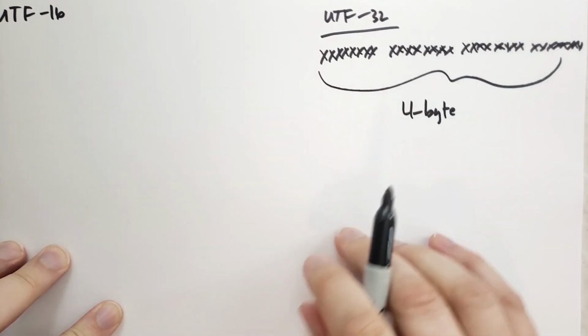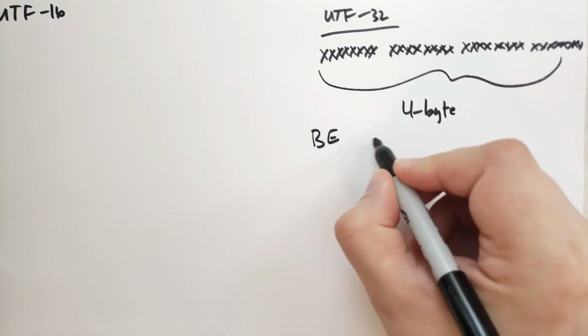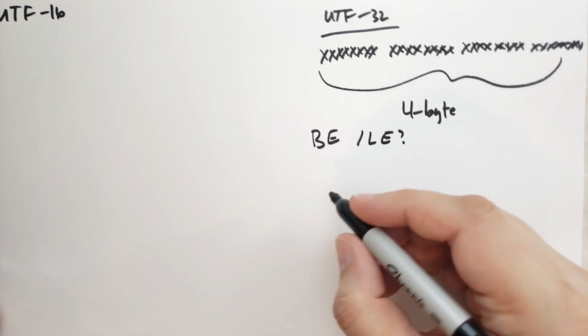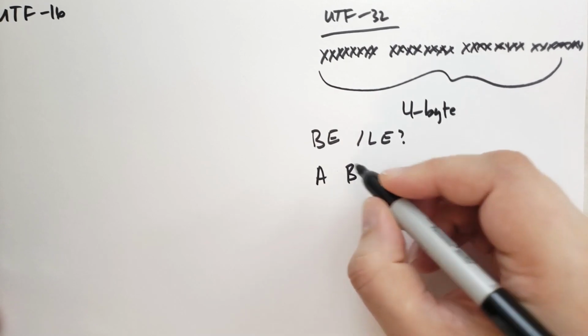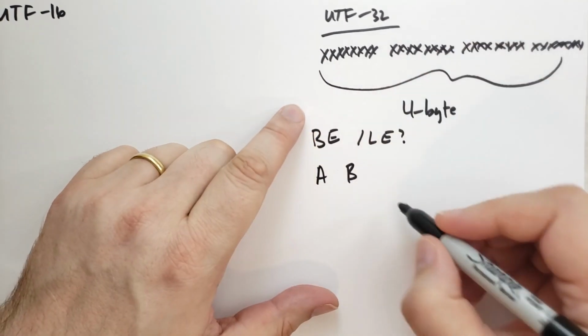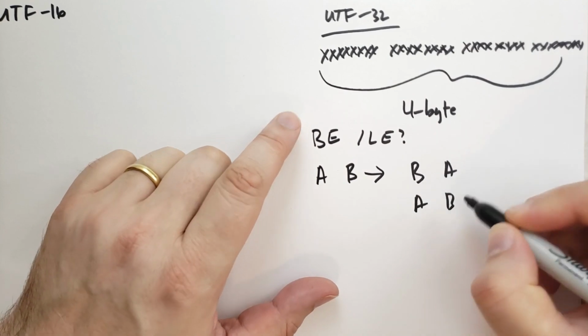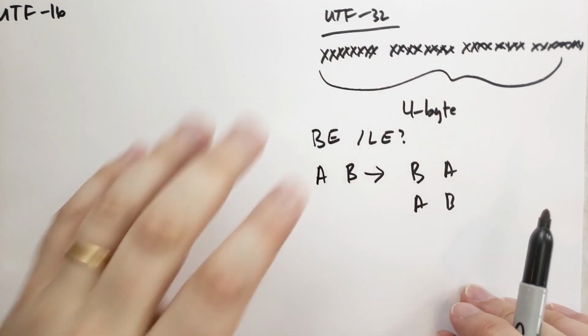It's pretty inefficient, but it's very straightforward. The only question you have is, are you doing big endian or little endian? What that means is, let's say we had the bytes A followed by B. Is this encoded as BA or as AB? That's the endianness when you're using multi-byte formats.